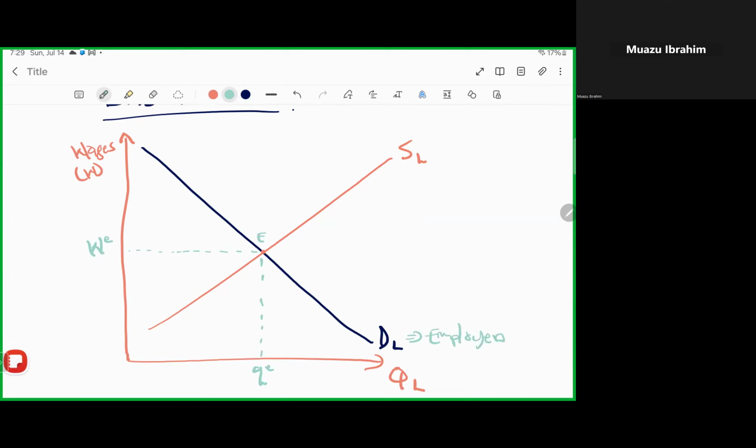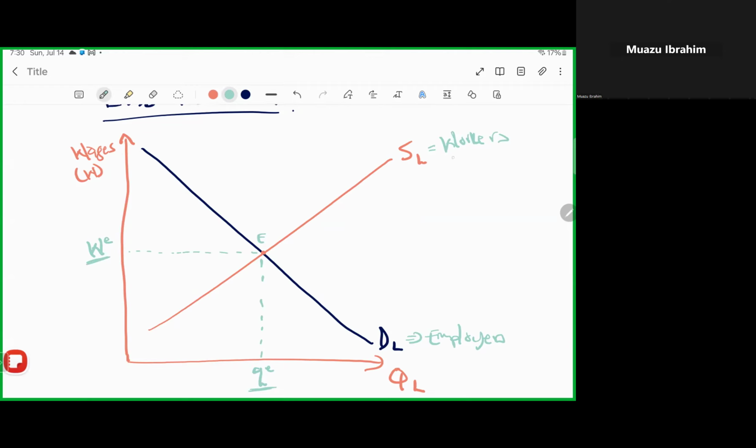And the supply of labor is you and I, so here we are looking at workers. So this is the equilibrium quantity for labor. Employers are willing to employ QE, and supply is at which particular price? At WE.